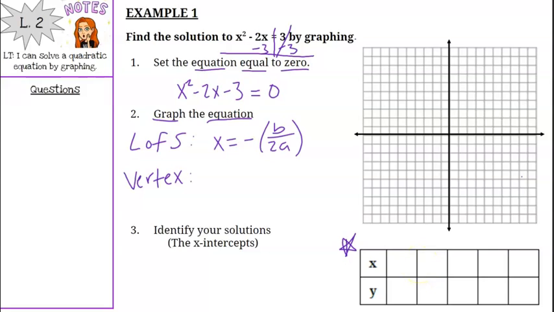Alright, so when we found the line of symmetry, we should have plugged in the opposite of b, which is -2, over 2 times 1. And then when you type that into your calculator, you should have gotten x equals 1. And then when we put 1 into our equation, we should have gotten (1, -4) for our vertex.